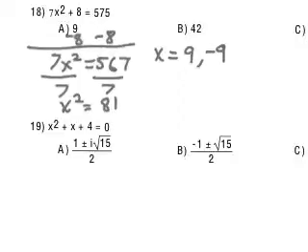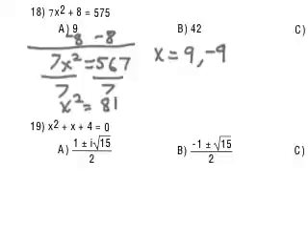Number 19. x squared plus x plus 4 equals 0. Now this one, we're going to get imaginary roots out of, and you can tell that by the answers that are available. It's one way to tell. Also, we're not going to be able to factor this, so we have to use the quadratic formula.